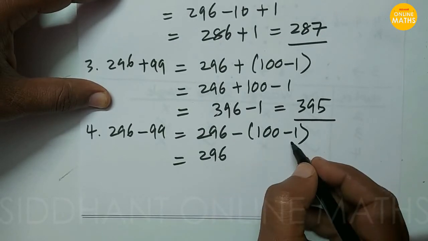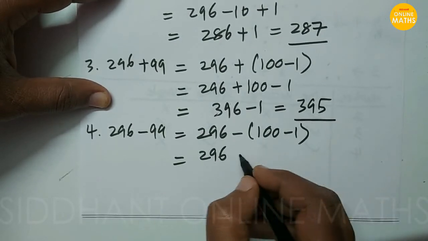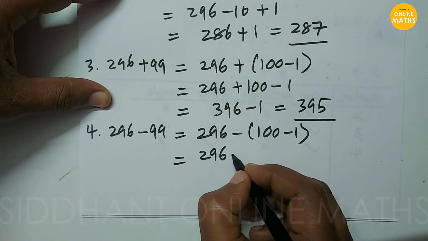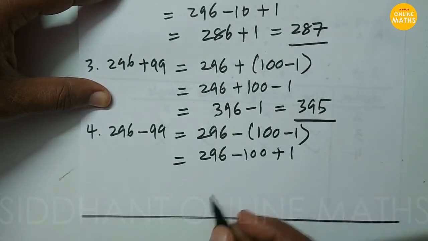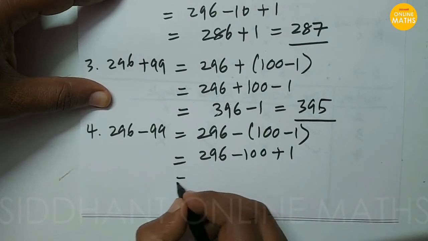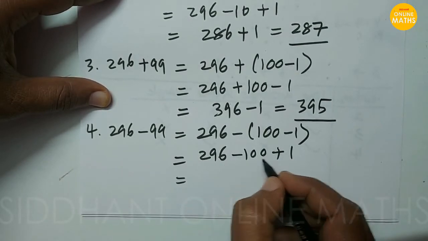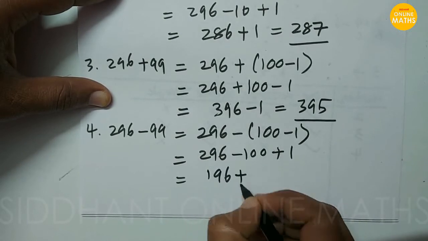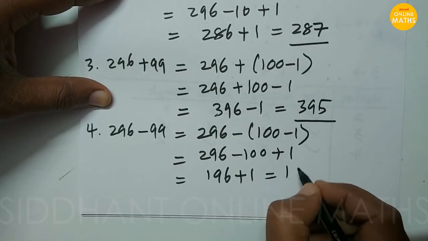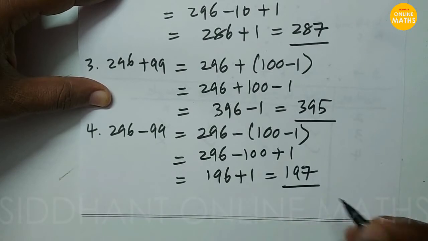Don't write again minus 1, then answer will be different. So here 296 minus 100, after that plus here, plus 1. So you see 296 minus 100, so it will be 196. After that plus 1, you see it is easy, that will be 197 here.